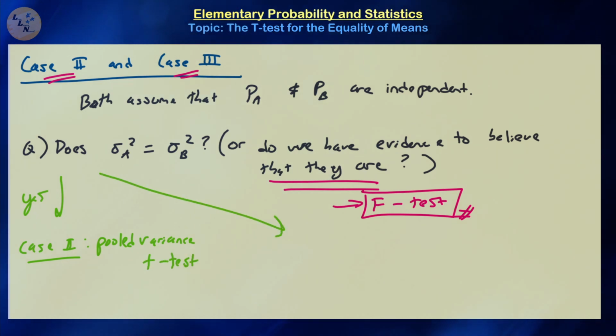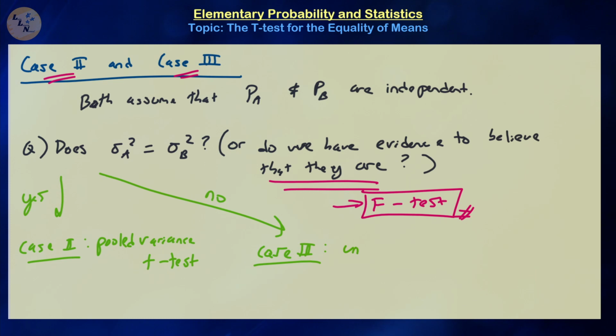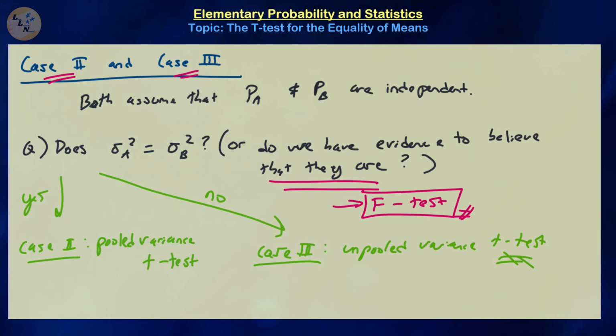And if the answer is no, then we're going to be using case 3. You can take a guess what this is called. It's going to be called the unpooled variance t-test. The unpooled variance t-test is actually the easier of the two to use in terms of calculations. The only complication with case 3 is the calculations of the degrees of freedom, which we'll definitely get to.